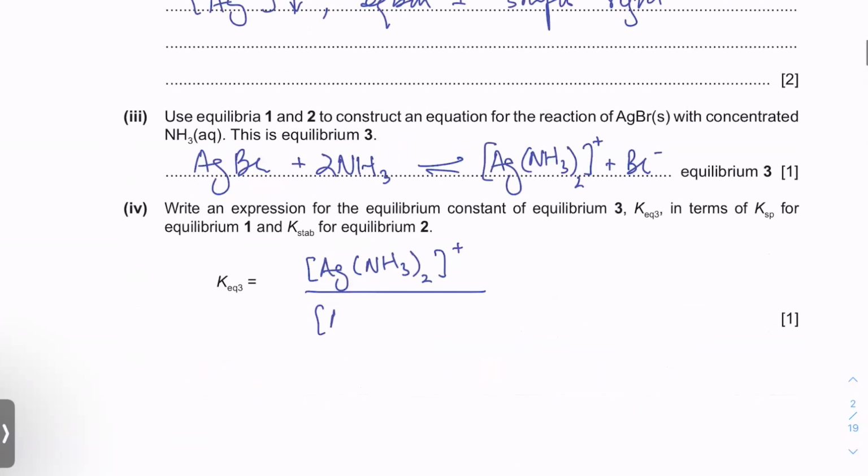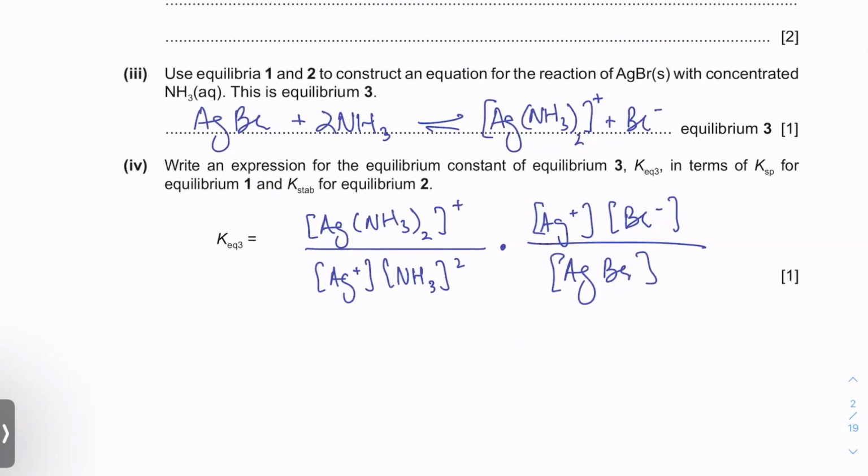So Ag plus and ammonia squared times वो दूसरे वाला ब्रोमाइड वाला लिखते हैं जरा. Bromide 1 was Ag plus की concentration times bromide की concentration divided by AgBr की concentration. And do you notice that the extra ones are going to be cancelled out? This one and this one cancel out. And what are you left with? You're left with this. You're left with this.